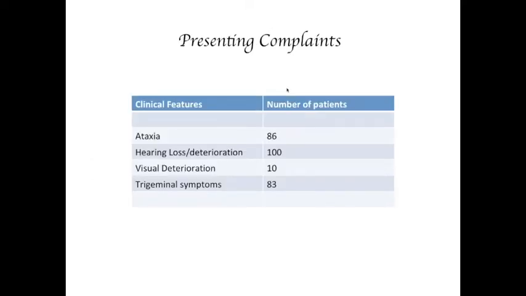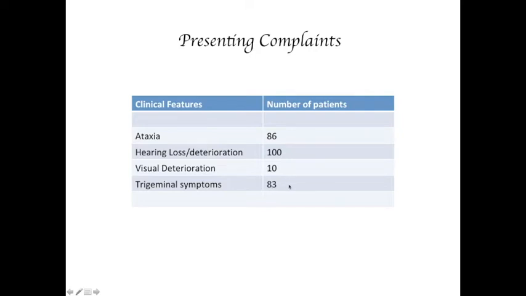Many of the patients who come to KM Hospital come in a somewhat advanced situation, where only hearing preservation is not the issue. Many of them come with very severe ataxia. Several of them come with visual problems and towards blindness. And a large number come with trigeminal symptoms like numbness over the face.